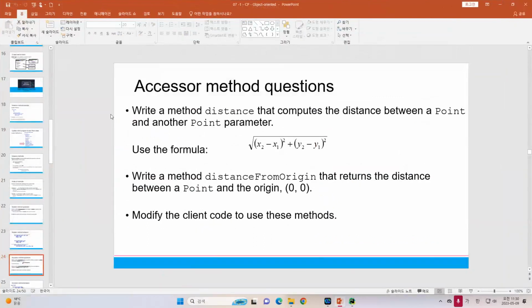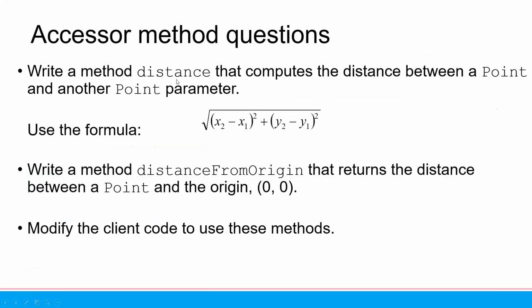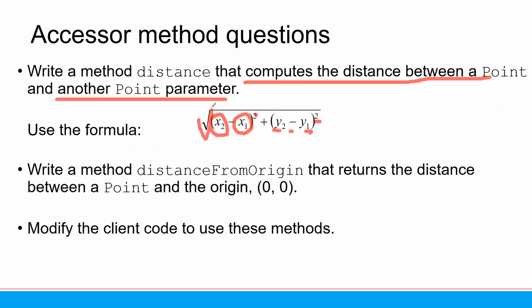Now let's have another question. Write a method distance that computes the distance between a point and another point. So I would like to calculate the x2 minus x1. We already had this problem last week, but now I'm going to use the function in a class. x2 minus x1 to the power of 2, and then y2 minus y1 to the power of 2, and then we do the square root.